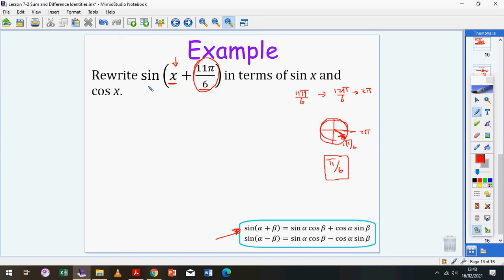So when I go to expand this expression, instead of sine of x plus 11 pi over 6, it's equal to sine x cosine, and I'm using this formula for addition.